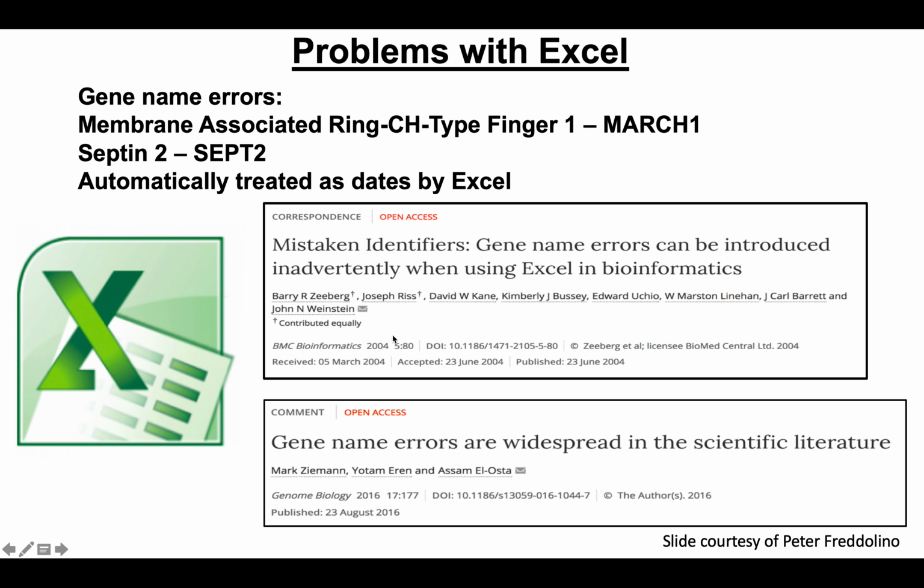So here's a paper back in 2004 about how these mistaken identifiers, thanks to Excel, are getting into all sorts of databases. And that problem, unfortunately, was still persisting in another paper back just a few years ago in 2016. So really, we want to get away from using Excel for doing our biomedical data analysis. It's a fine tool for other things, but really not what we want to be using.